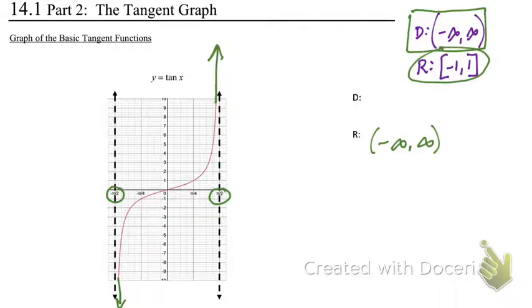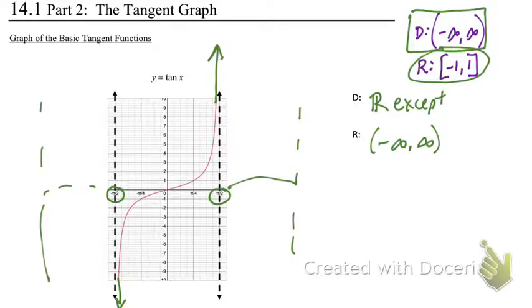So the way we say this is we say the domain of our tangent is any real number except where our asymptotes are. Now remember, these asymptotes repeat a zillion times in both directions. So how are we going to say where our asymptotes are? Here's what you do.